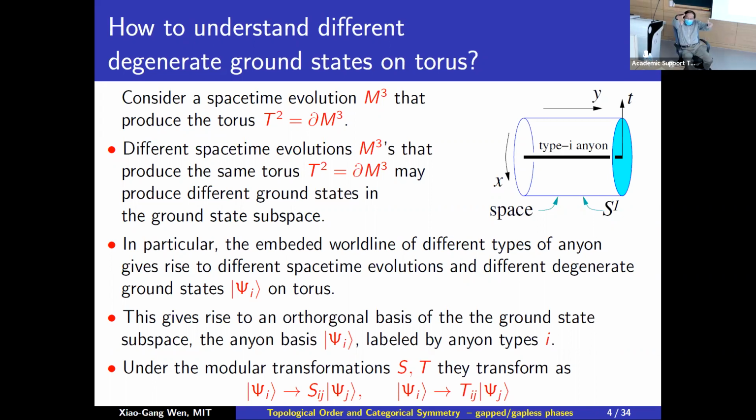For the same degenerate subspace, you can also make y contractible, using anyons along the x direction to build the basis. These two bases span the same degenerate subspace, but they are different bases, related by this S matrix. So that is the way to understand why modular transformation enters here.